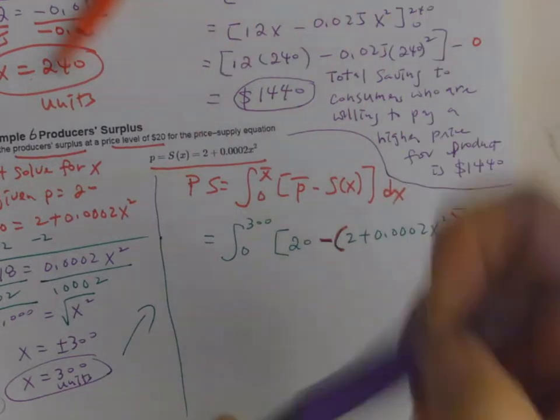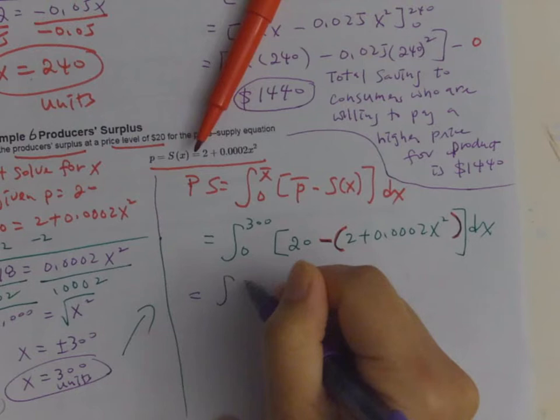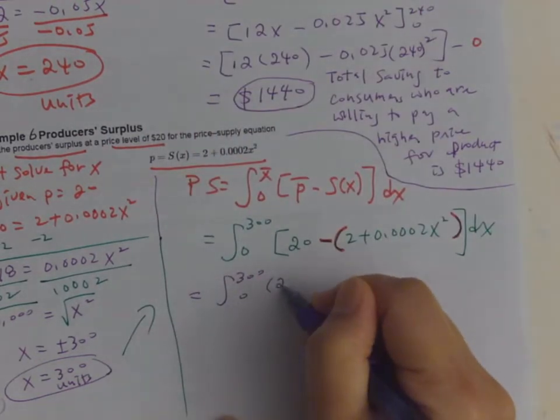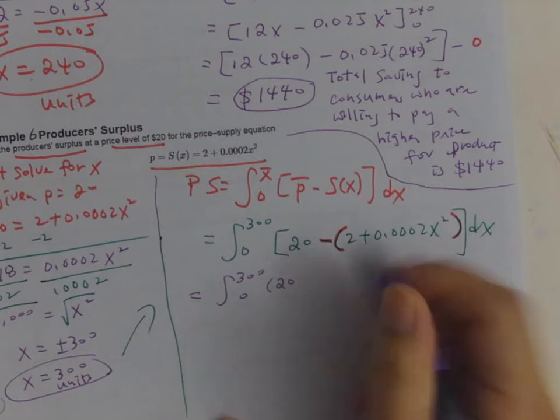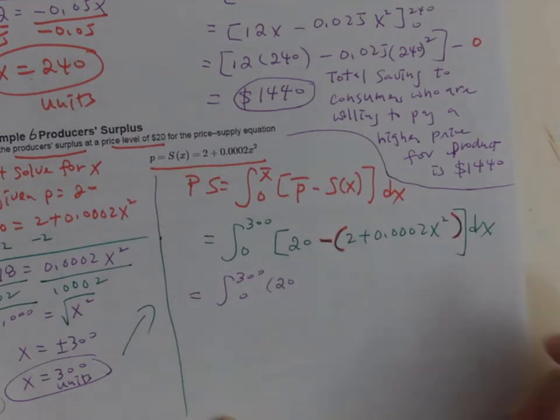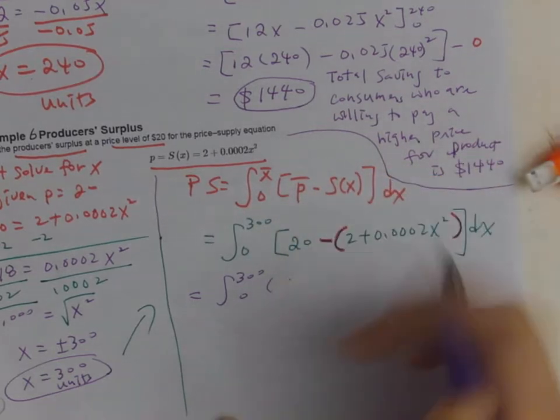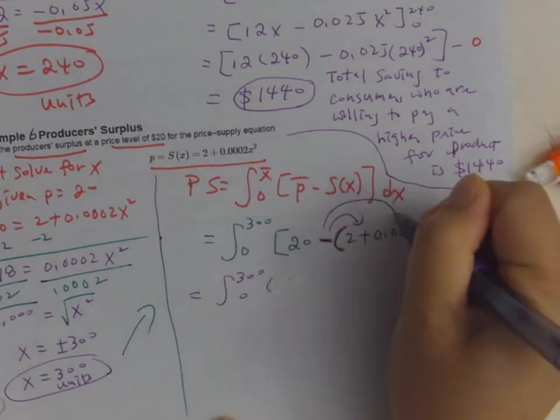So that is one of the common mistakes on the test. All right, so let's try it. From 0 to 300, combine like terms, this is 20 minus 2. Can you tell? That's going to be 18. Can I go ahead and do that to save one step? Okay, so this is like subtraction, right?